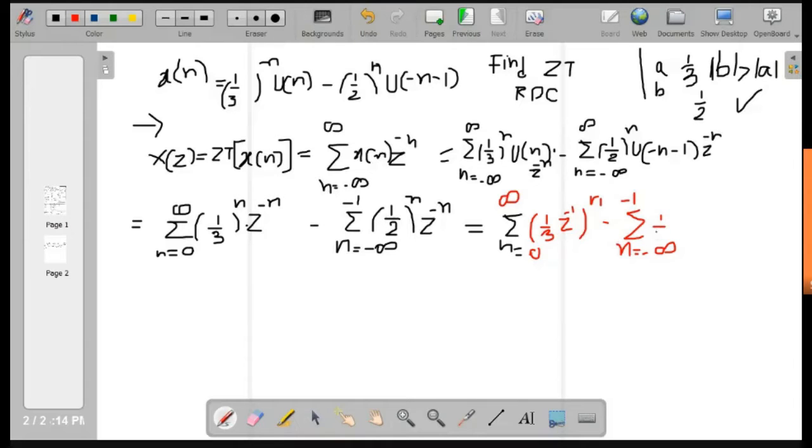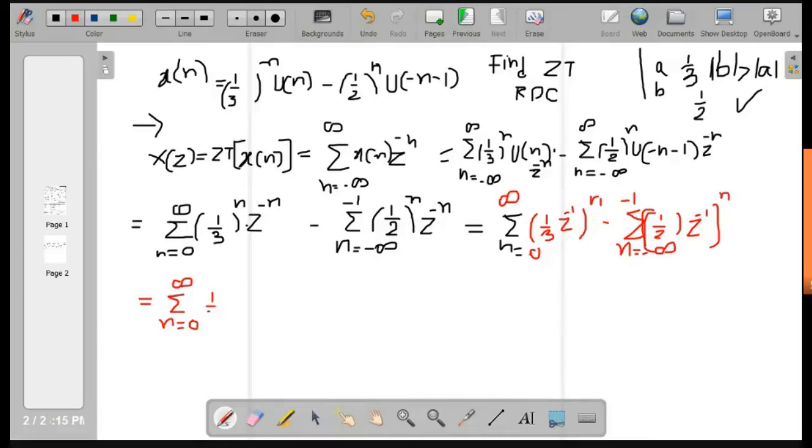Minus (1/2) into z inverse, this whole thing will be raised to n. Now I don't want the negative terms. So if you are very fast in doing it, there is no harm in that. You can directly come to this step: 0 to infinity of (1/3) z inverse raised to n.